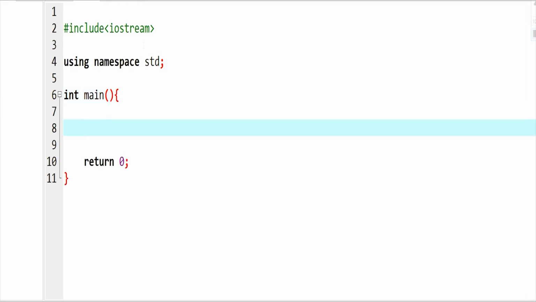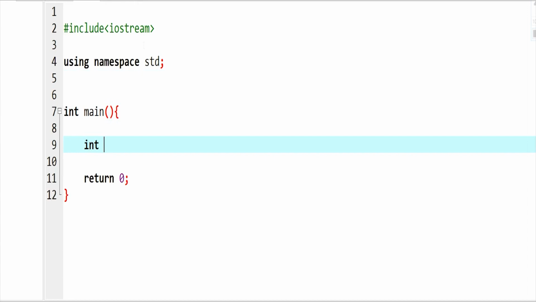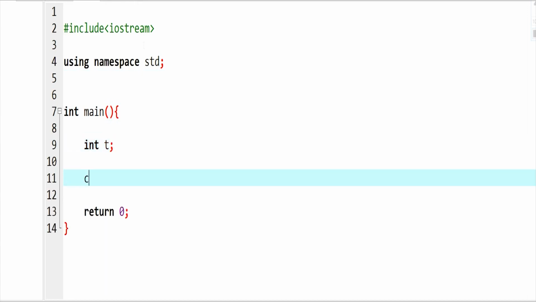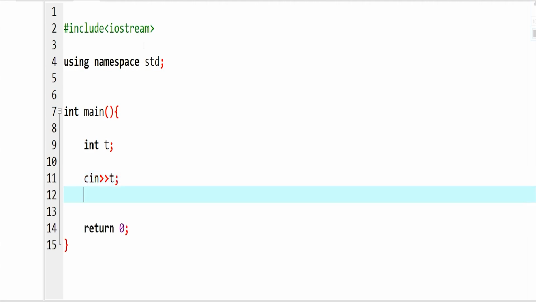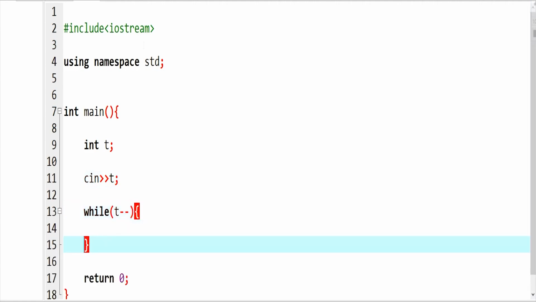The first thing we need to take care of is that we take the input of the number of test cases, then for each test case we take the input of n.